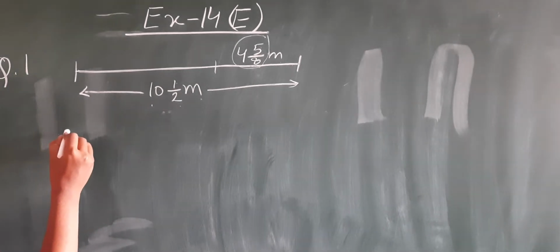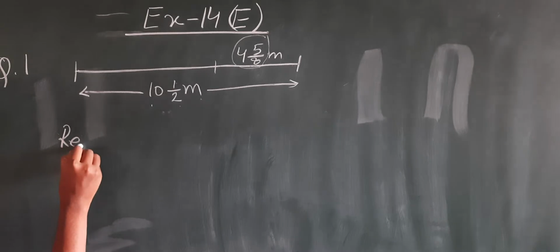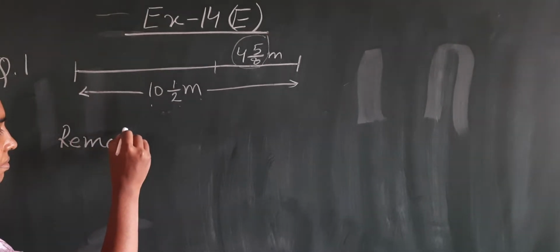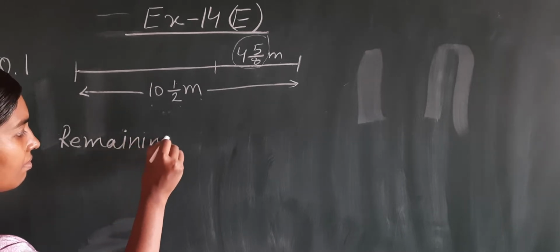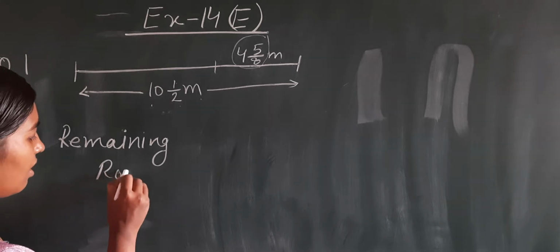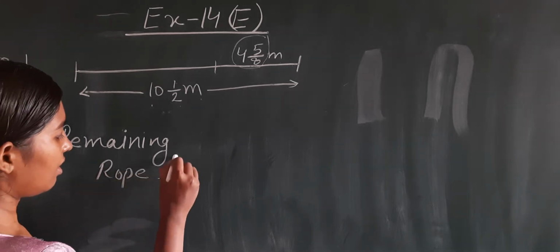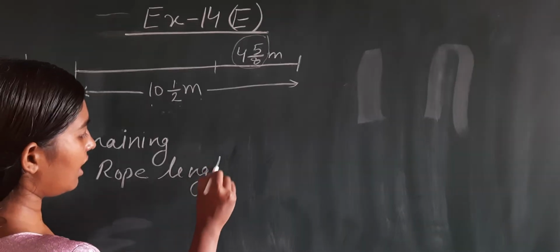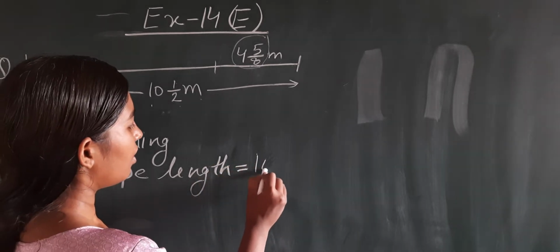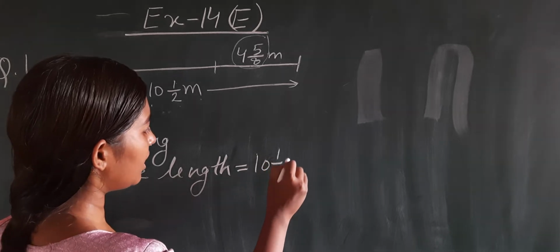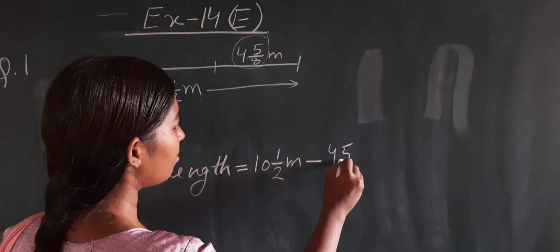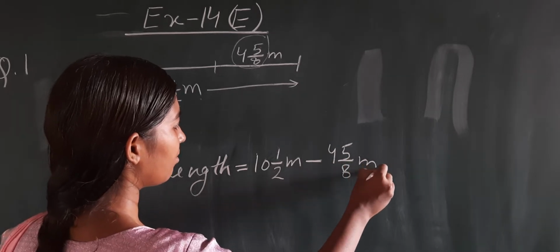So we will write here: remaining rope length is equal to 10 and 1 by 2 meter minus 4 and 5 by 8 meter.